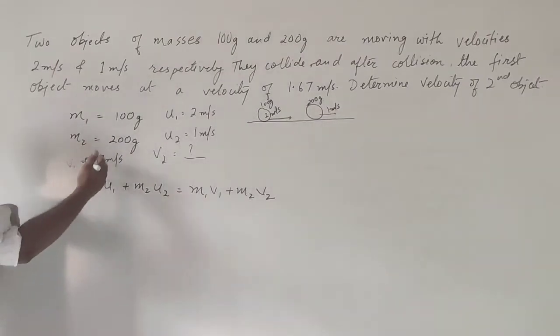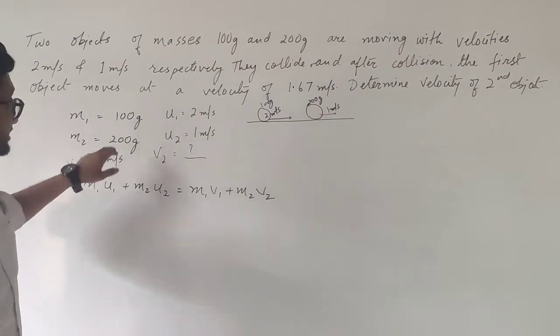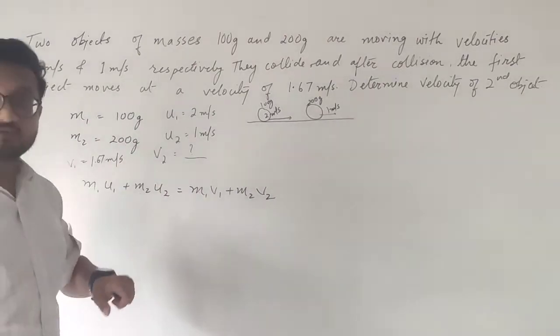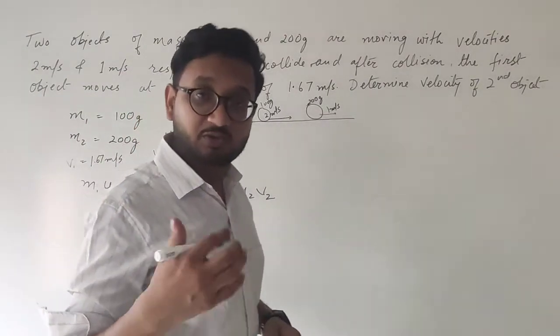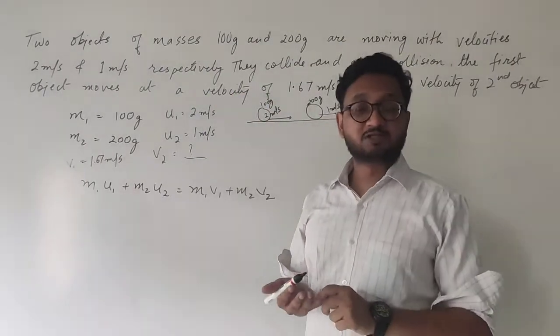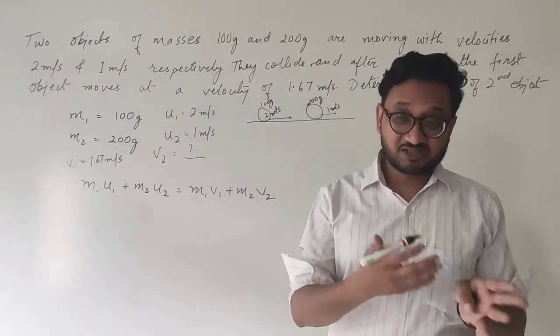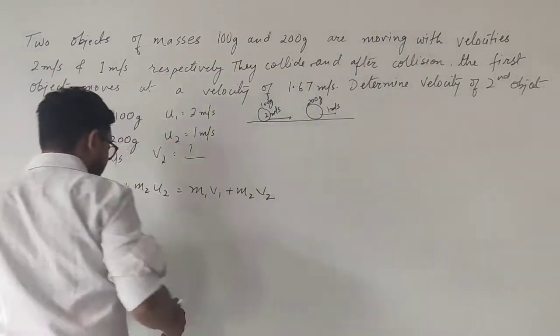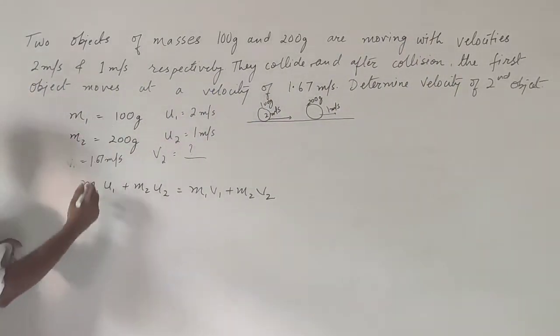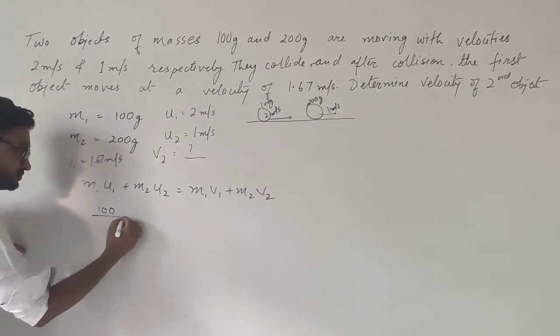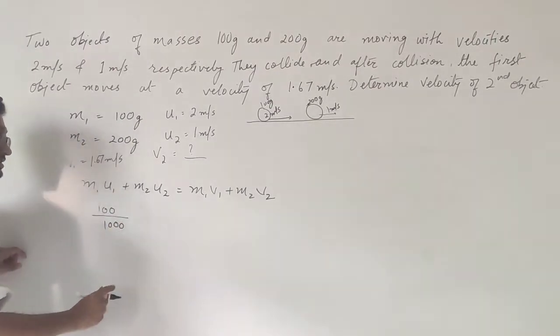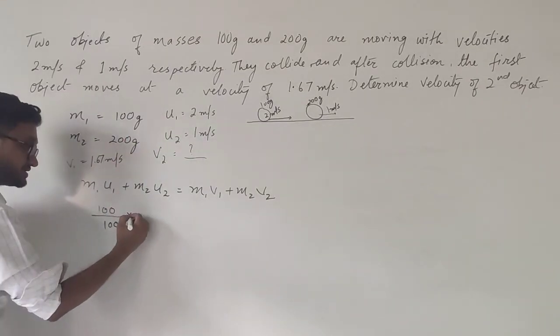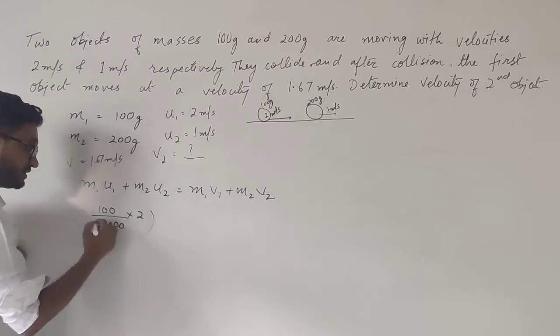Okay, substituting the values, but as you can see that the masses are given in grams, you need to convert them into kilograms. So when you are converting grams into kilograms, we divide it by 1000. So I can write over here that M1, that is 100 grams, divided by 1000, and U1 is given as 2 meters per second.